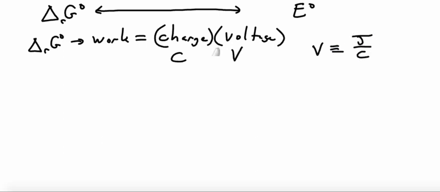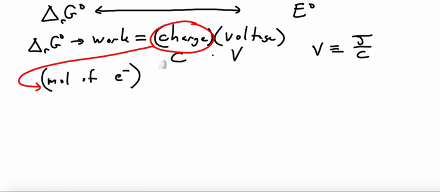So we can see that if we multiply coulombs times volts, we're going to end up with units of joules, energy units. So what charge are we transferring? How much charge are we transferring when we run a chemical reaction? That's going to be equal to the moles of electrons times the charge on 1 mole of electrons.